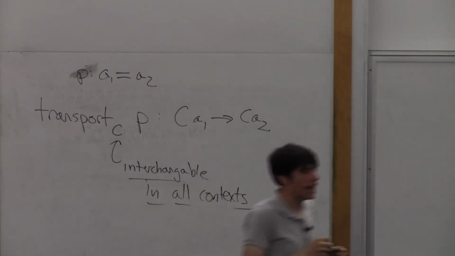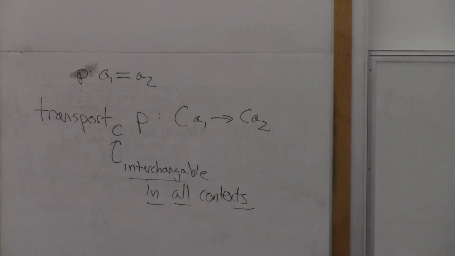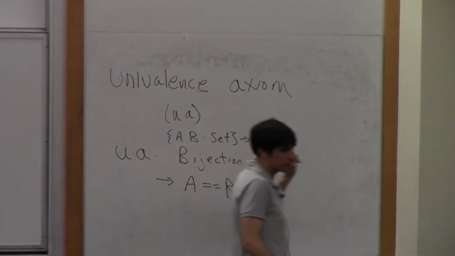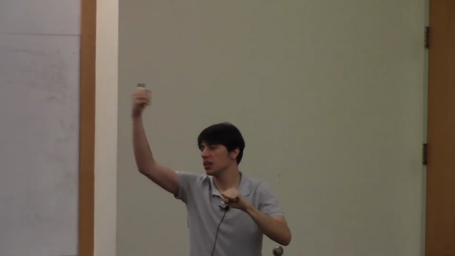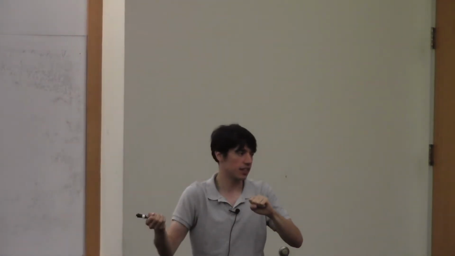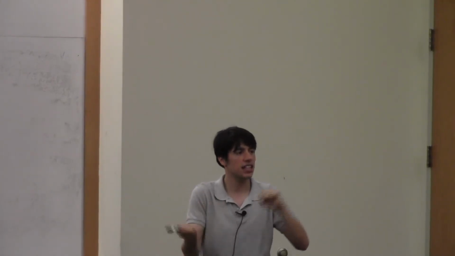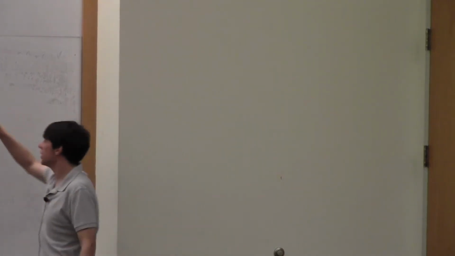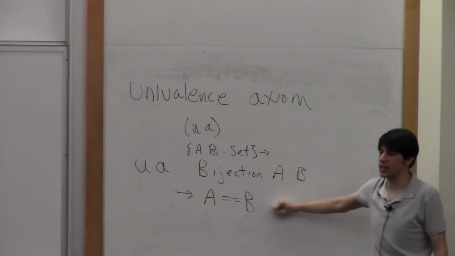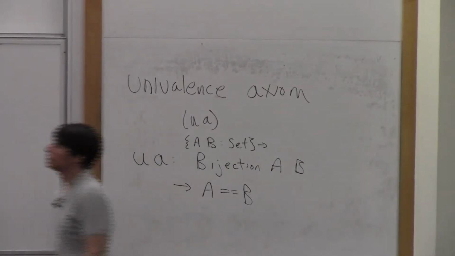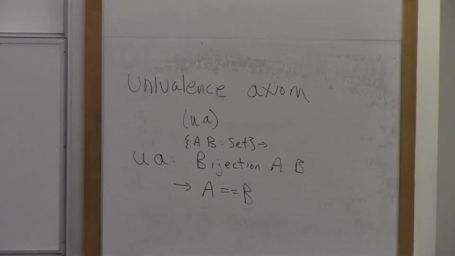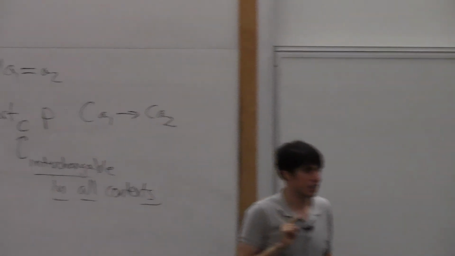So before we added univalence, it might have been the case that there's some construction we can do in Agda with one type that we can't do with some bijective type, right? It might not be the case that all constructions respect bijection. Univalence is stipulating all constructions respect bijection, because by univalence, bijective types are equal. By transport, equal things are interchangeable in all contexts.